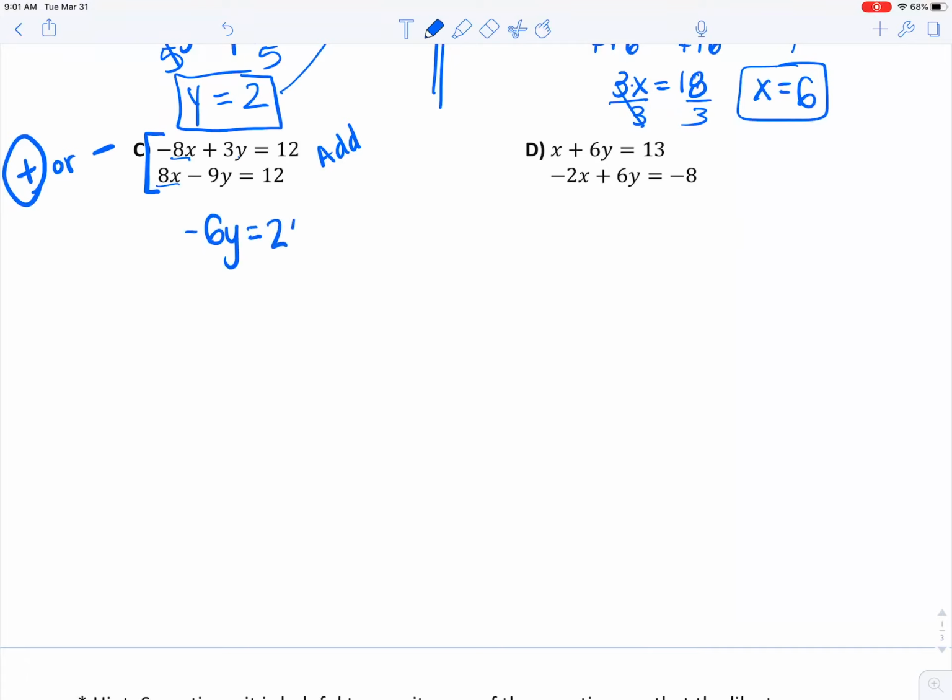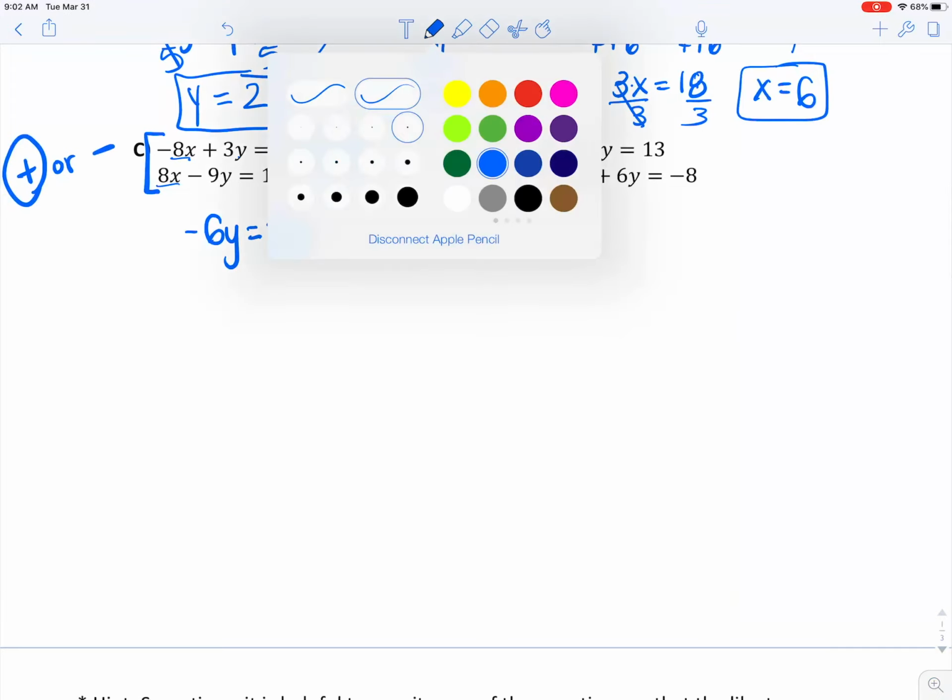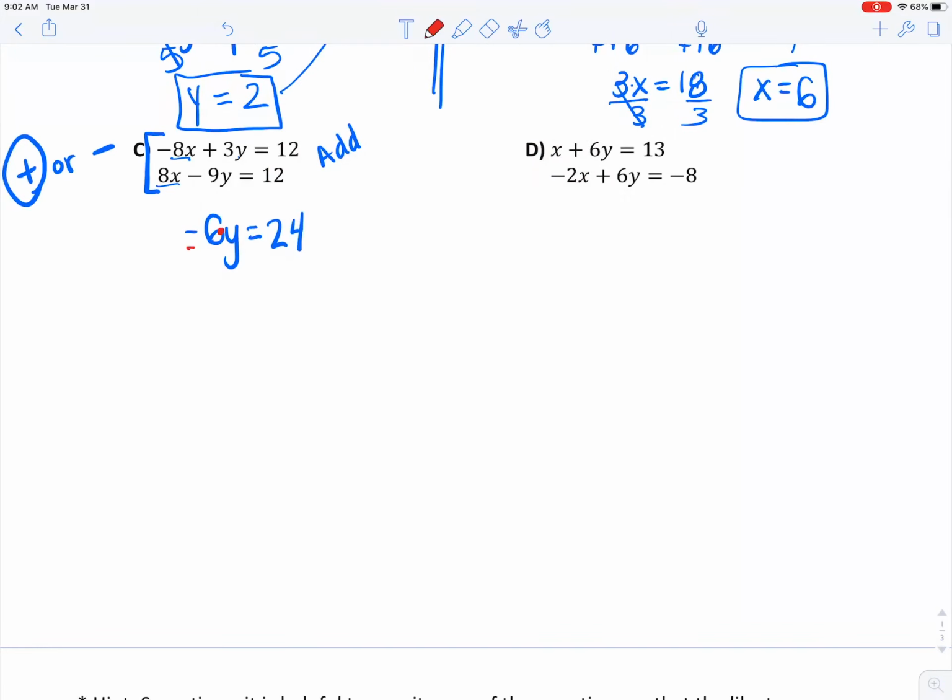And 12 plus 12 is 24. Okay, now we have negative 6 times y. How do you undo times? You divide. So divide by negative 6. So we get y is equal to negative 4. And that is part of my answer, but not the whole thing.